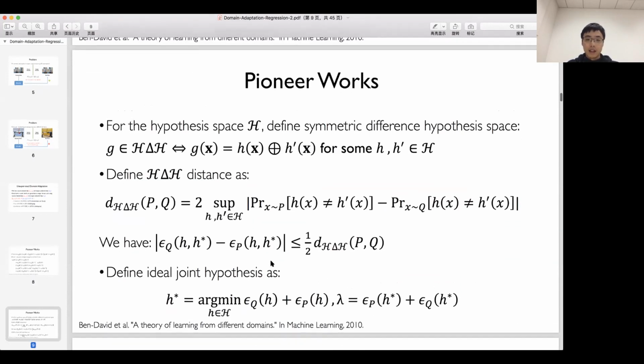It's just two specific hypotheses, but in the definition of H delta H distance, the hypothesis is not selected.